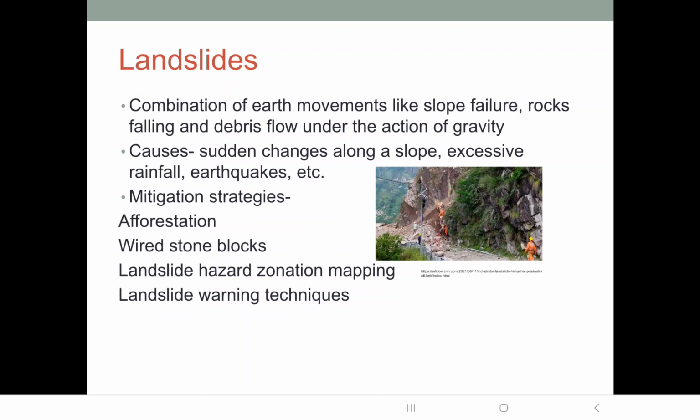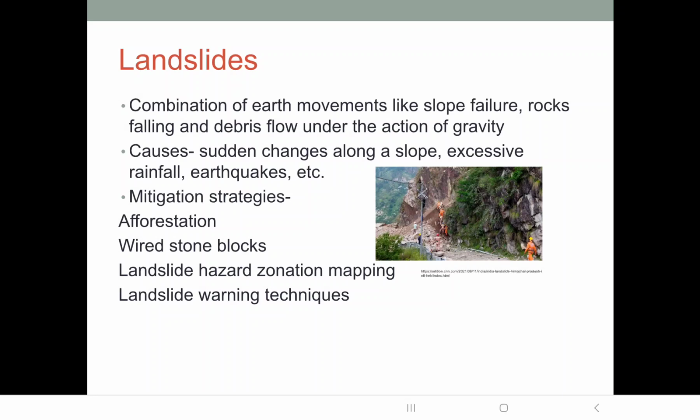So even if there is debris moving, the trees can also act as a barrier for that flow and restrict the amount of soil that is entering the settlements which are present at the base of the slope or the roads which are built. So first and foremost is afforestation along the slopes.